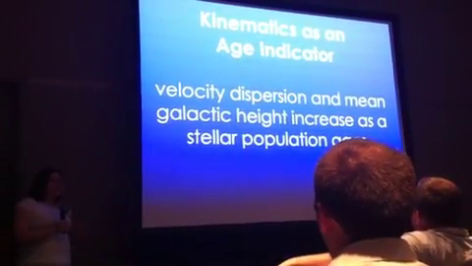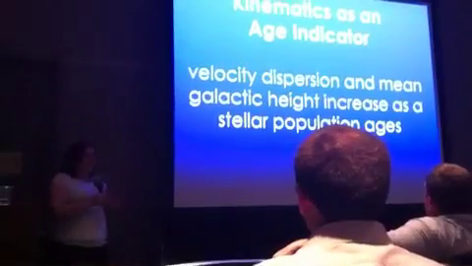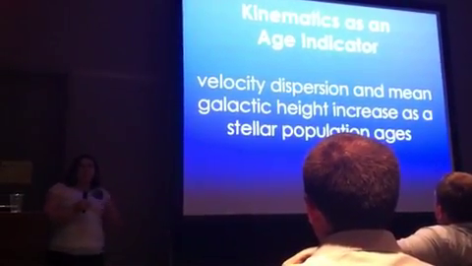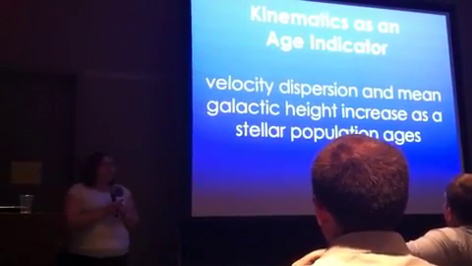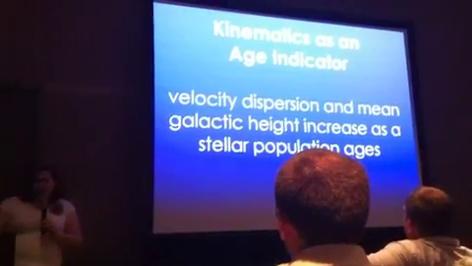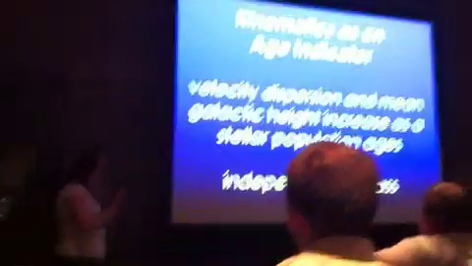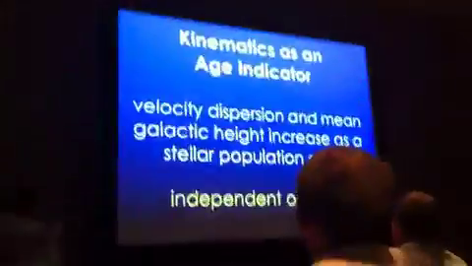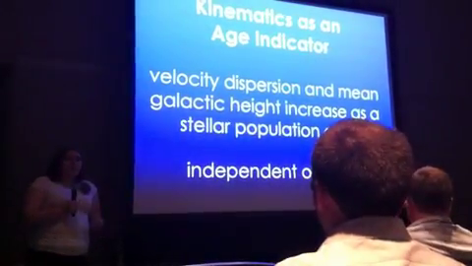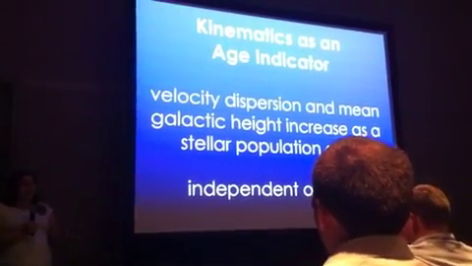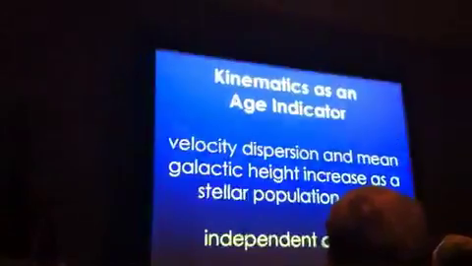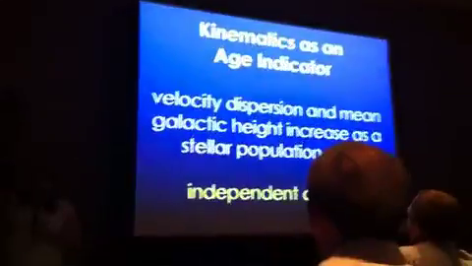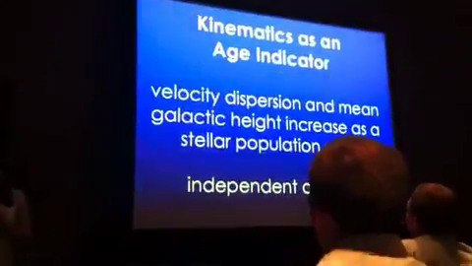Each of these interactions is stochastic, so they're likely to puff the star up in height, and they're likely to put the velocity in a random direction, thus increasing its dispersion. And one point that I think is important to make here is that this effect is independent of the mass of the star or the brown dwarf. So solar-type stars respond to this in the same way that brown dwarfs do. So kinematics are a really valuable way to take what we know about the galaxy and apply it to brown dwarfs and stars. Ultra-cool dwarfs.